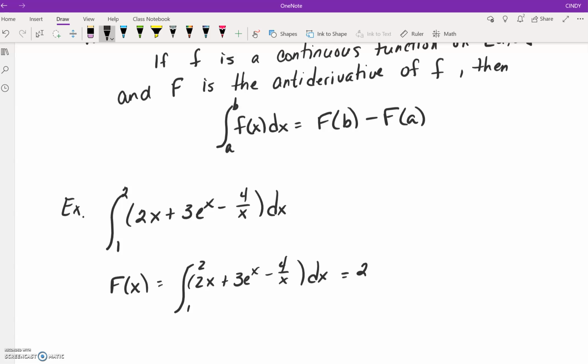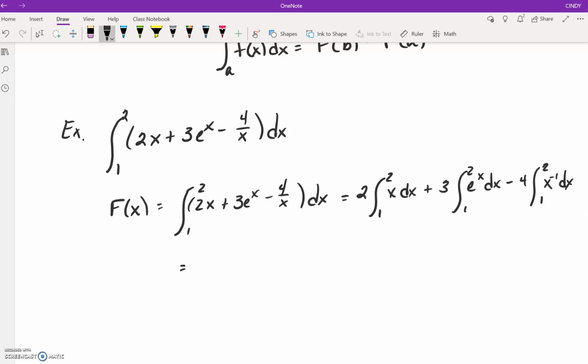Let's do this. 2 times the integral from 1 to 2 of x dx plus 3 times the integral from 1 to 2 of e to the x dx minus 4 times the integral from 1 to 2 of x to the negative 1 dx.